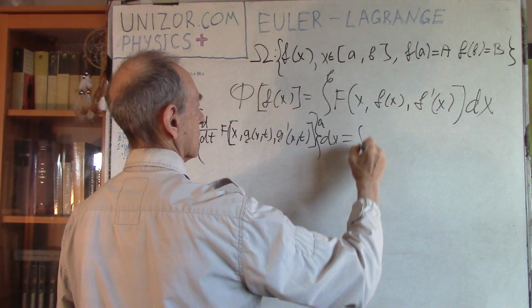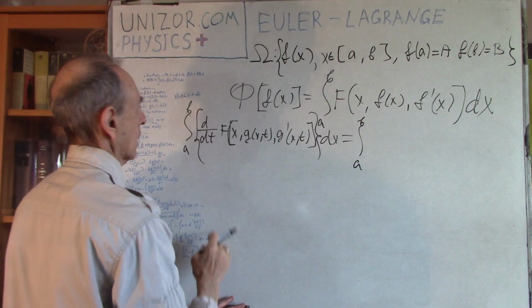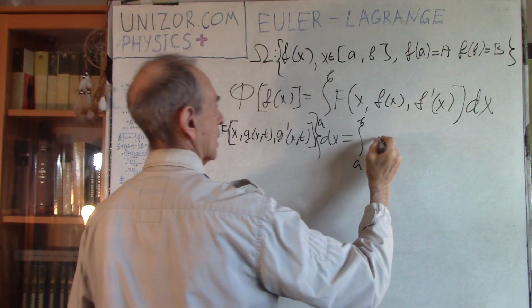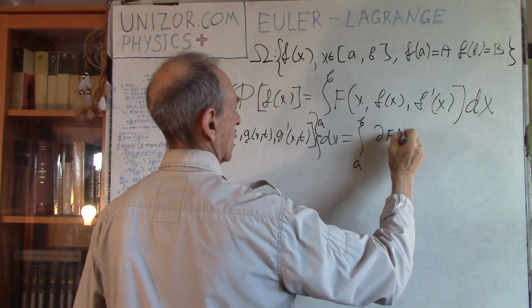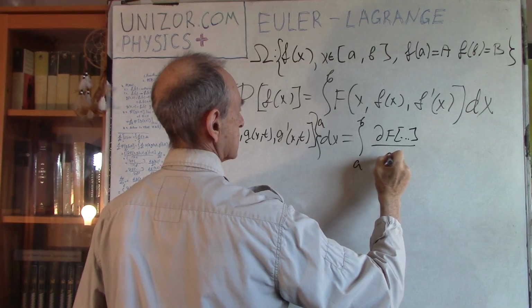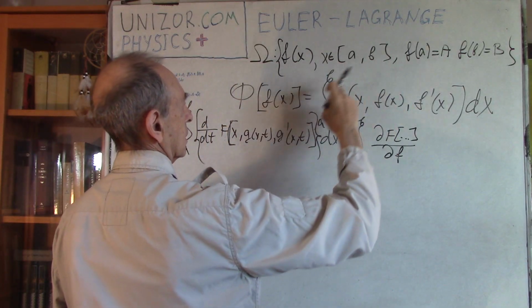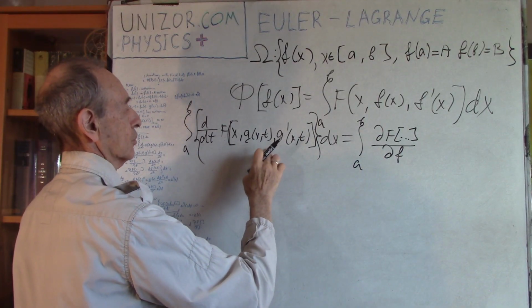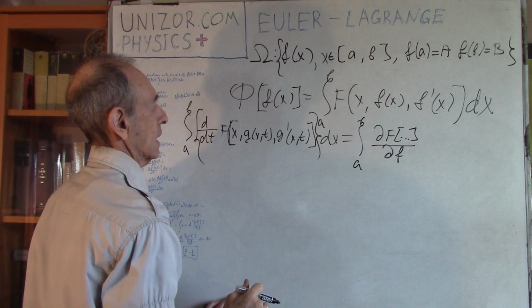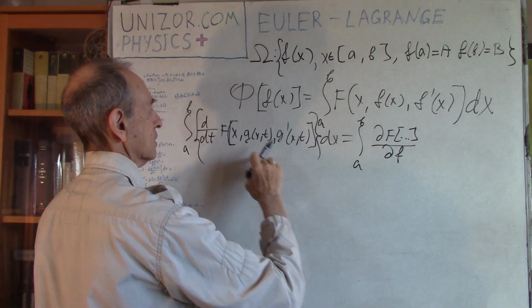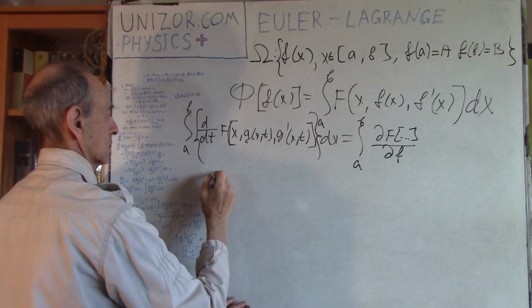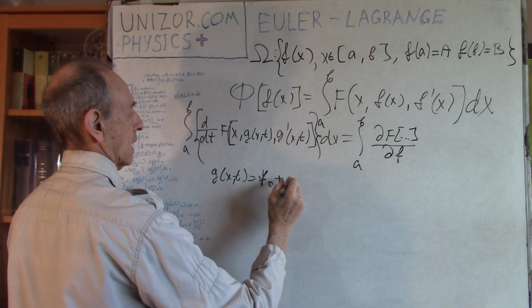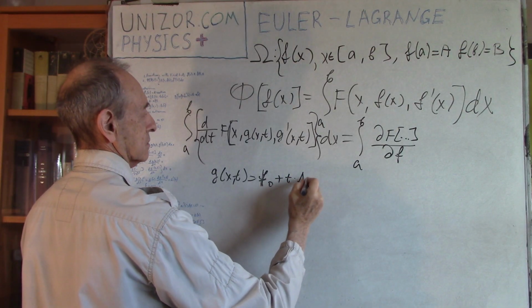Now the second term is the integral from a to b of the partial derivative by the second argument, df by dg, where instead of f I put g of x,t, times the derivative of g of x,t by dt. Now g of x,t is equal to f0 plus t times delta of x, right?